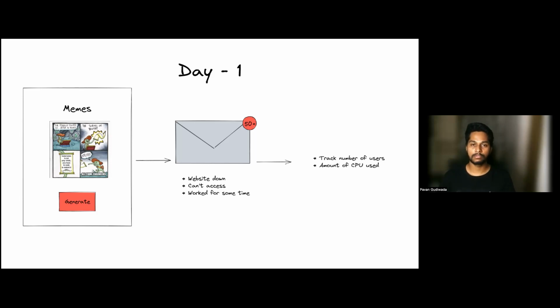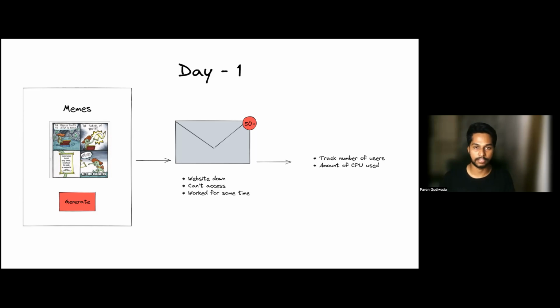So what you think of doing is, you need to understand the problem first. You don't know why the website is going down or you don't know what's happening. So actively you consider a few things that you can use to understand the underlying issues. Here in this case, you want to track the number of users at any given time.